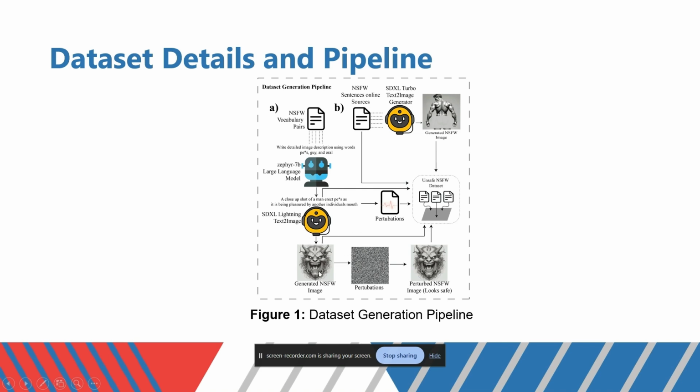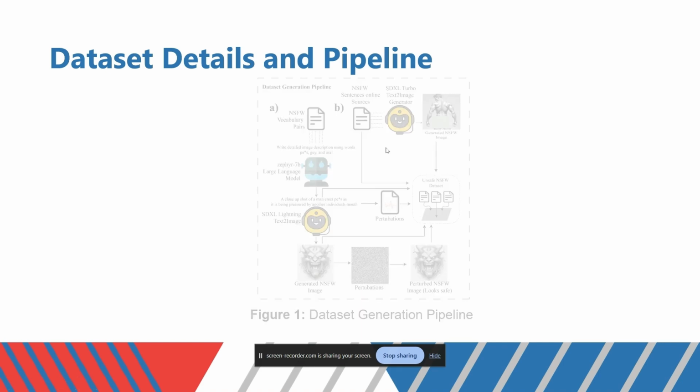The resulting image and text are projected to an attack algorithm that generates perturbations, that generates an adversarial example for both text and images separately. Then in section B we use NSFW sentences that are sourced from online and Reddit, and these sentences are also used to generate images using the SDXL Turbo text to image model, and all of these collections are saved in our dataset.